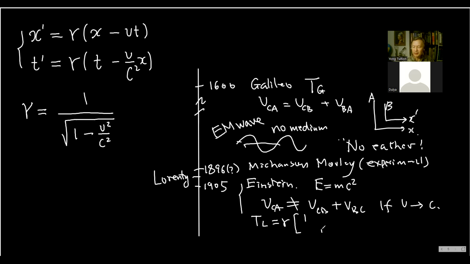You could get a Nobel Prize if you had done that yourself in that period. So this simple formula, where gamma is 1 over the square root of 1 minus v squared over c squared. That is the timeline for special relativity.